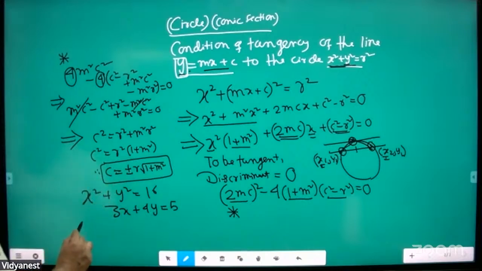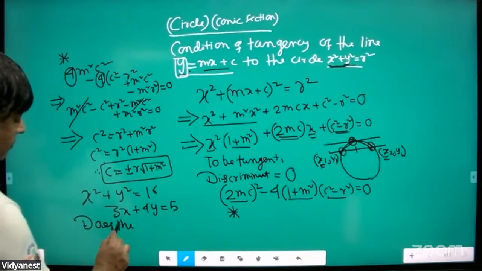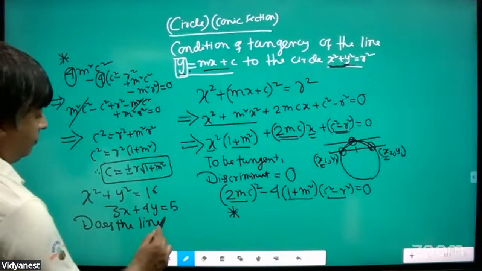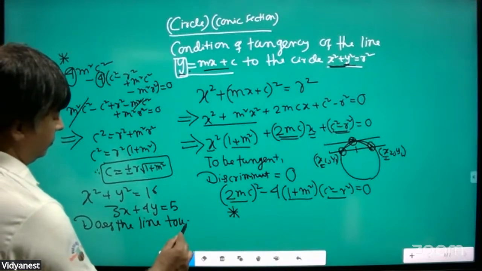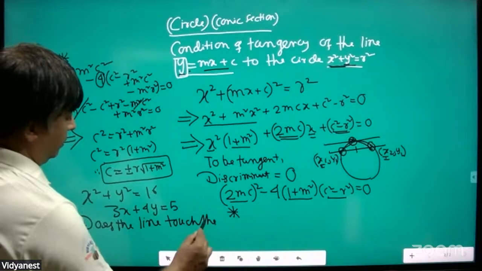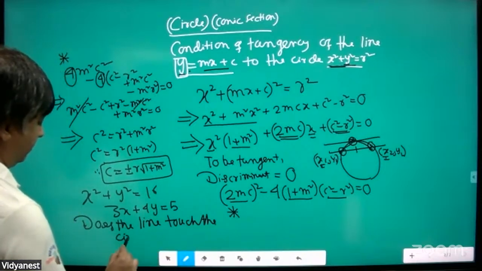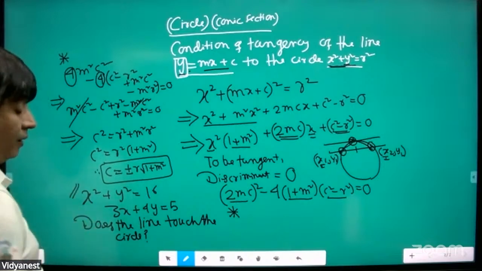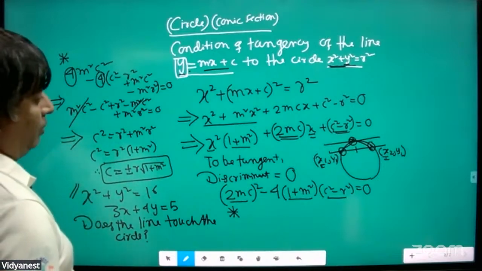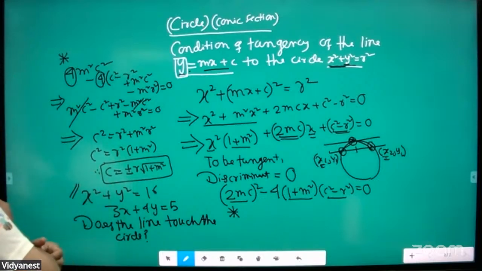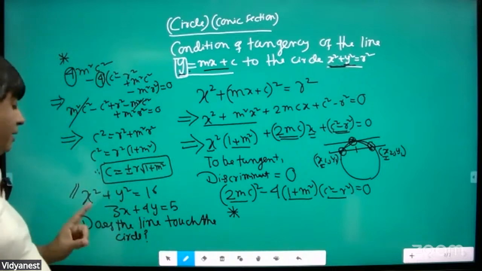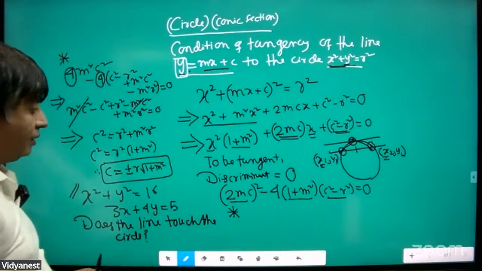The question is, does the line touch the circle? So this is the formula we have got, and we are examining directly whether a given line touches the circle or not.